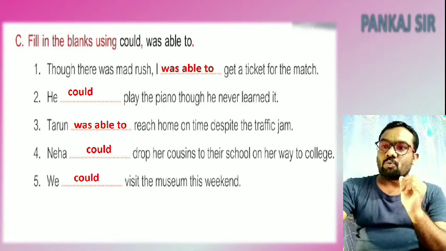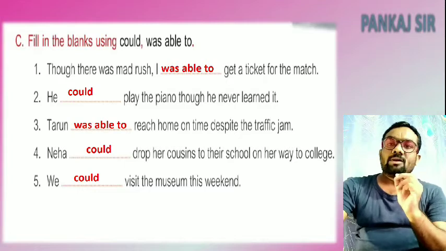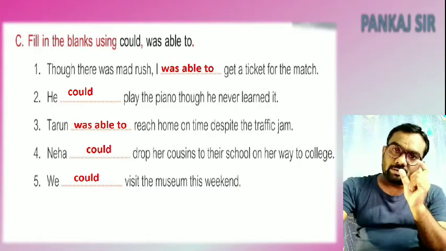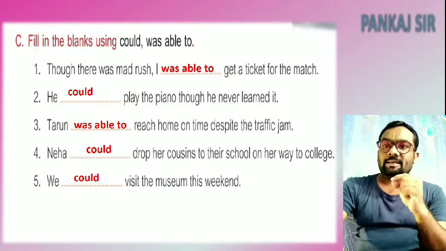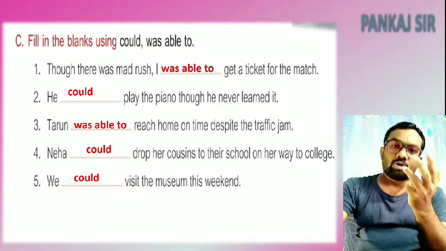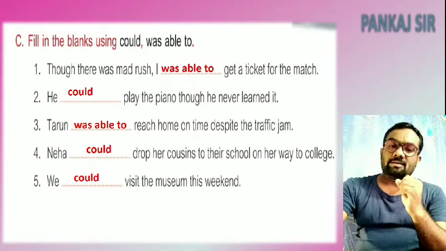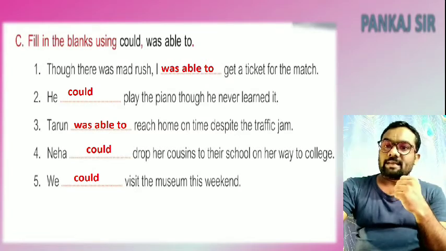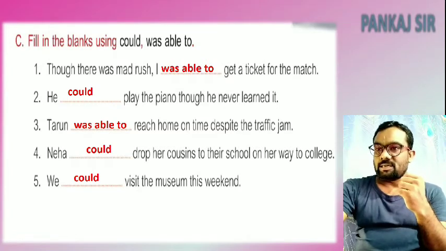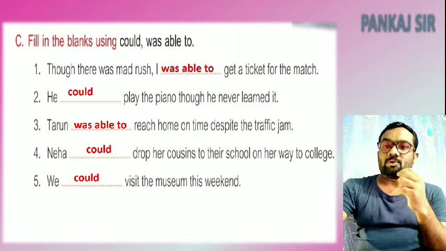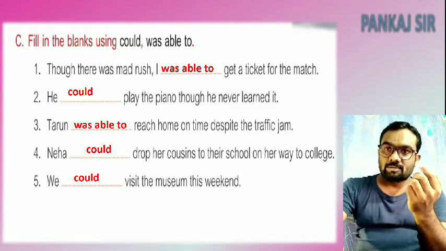Tarun was able to reach home on time despite the traffic jam, particular that traffic jam is given. Then Neha could drop her cousins to their school on her way to college, right? Her ability, in general it is given. Then we could visit the museum this weekend, okay?